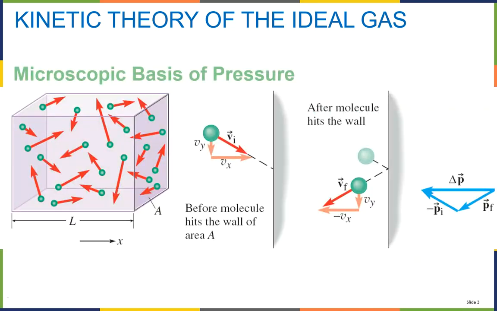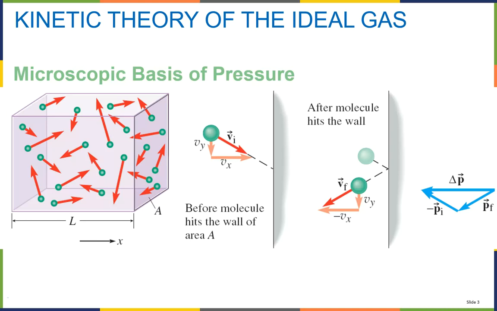So suppose you have a vessel. Here we have a nice box, because boxes are easy to work with, filled with gas molecules. These gas molecules are bouncing around. They hit a surface and they rebound off the surface. If it bounces off the surface, there's going to be a force involved, right?